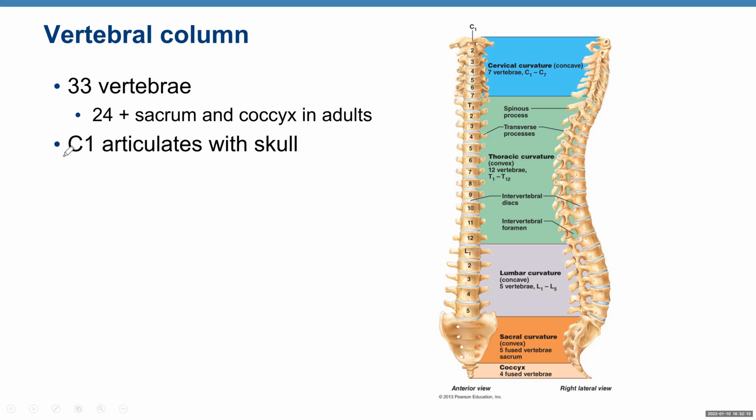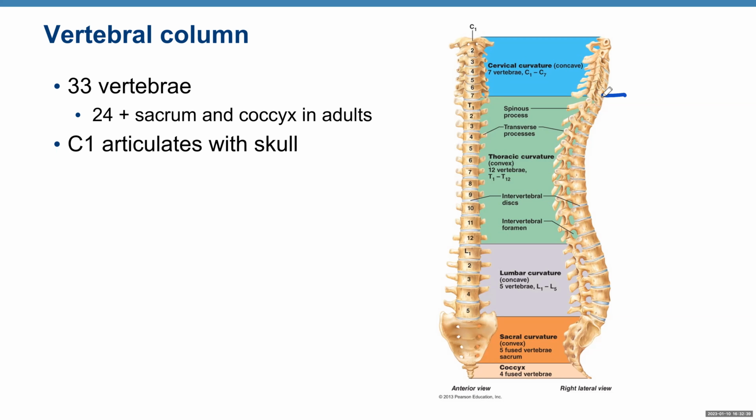Now, how do you name the vertebrae? So when you are in the cervical region, you name them with a letter C and a number. So C1 is the first vertebra. It's the first cervical vertebra, and it articulates, that means it makes a joint, with your skull. So we have 7 cervical vertebrae, C1 through C7.